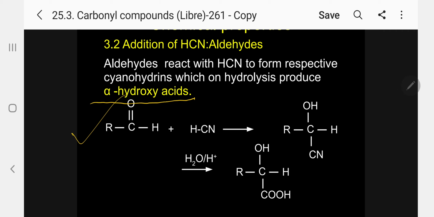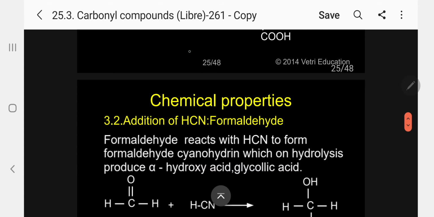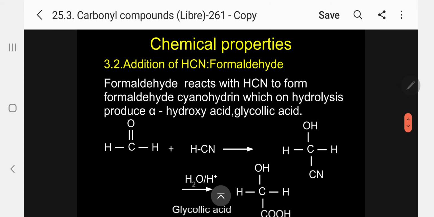Please follow. So RCHO, we are adding HCN, and it undergoes addition reaction. H goes to O and CN goes to carbon. This is the intermediate. On hydrolysis it gives this hydroxy acid. This is general. Let me come to the specific examples. It will be interesting to you.